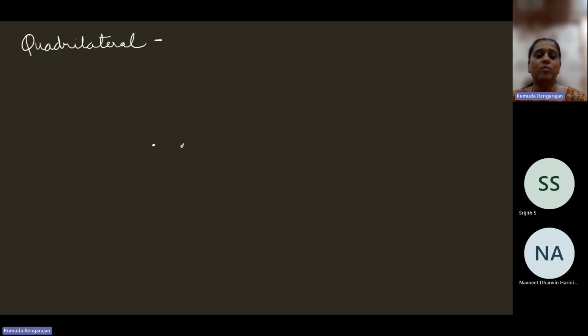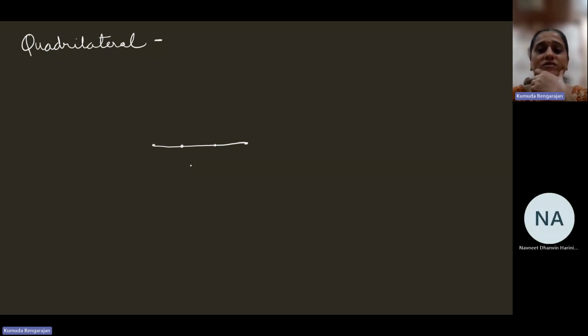Now say I take 4 points like this. I have 4 points, no? I'll join. Arey, I'm not getting a quadrilateral. I thought if there are 4 points, I can get a quadrilateral, but no. See here, I have 4 points, 1, 2, 3, 4. I'm trying to join them. Oh no, I'm disappointed. No quadrilateral is formed.